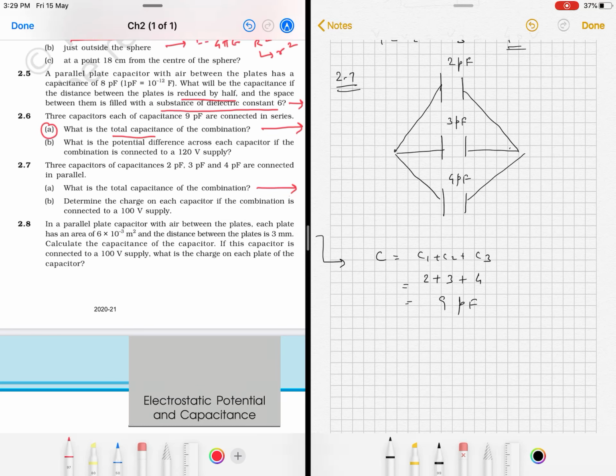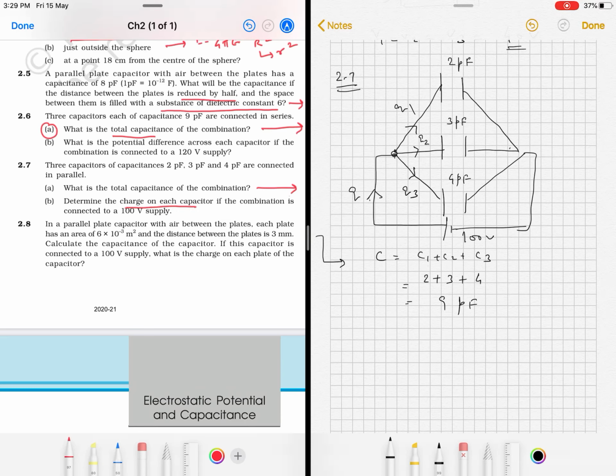Now the B part, determine the charge on each capacitor. It is connected to a 100 volt supply. When the total charge Q flows, it is distributed at this point: suppose Q1 along this branch, Q2 along this branch, and Q3 along this branch.